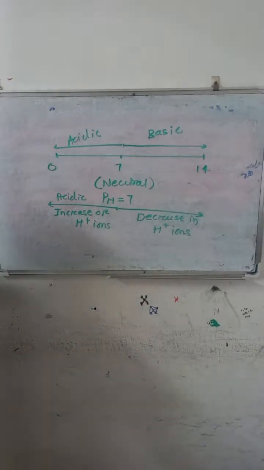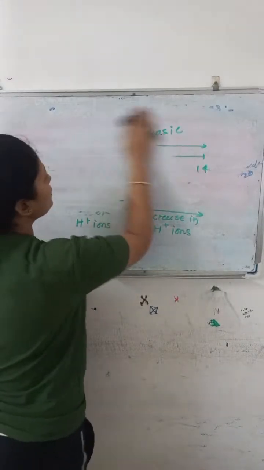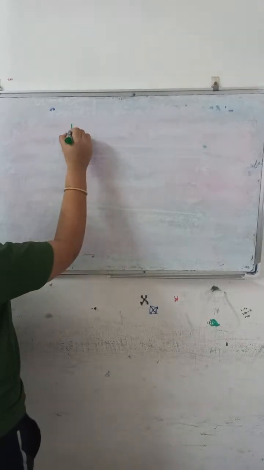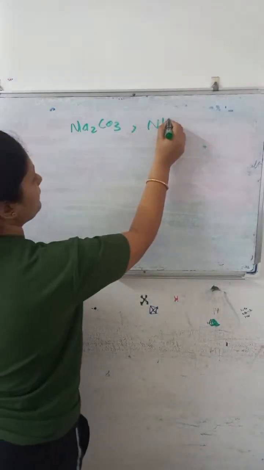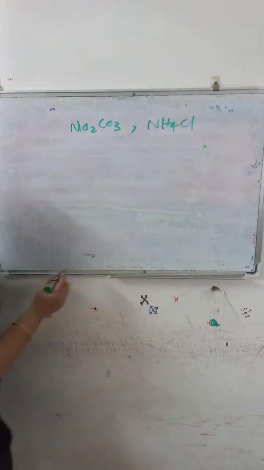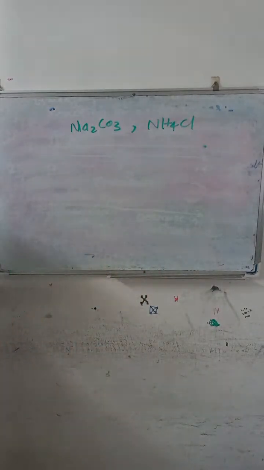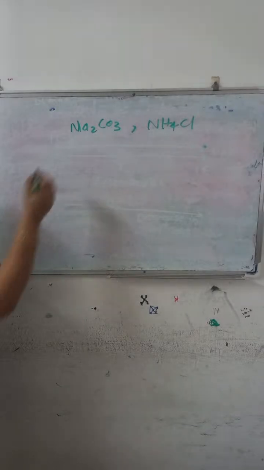Here first is given sodium carbonate, Na2CO3, and another is given NH4Cl. So here they are asking for the basic salt. The basic salt is Na2CO3. Okay, so this is the correct answer, sodium carbonate.